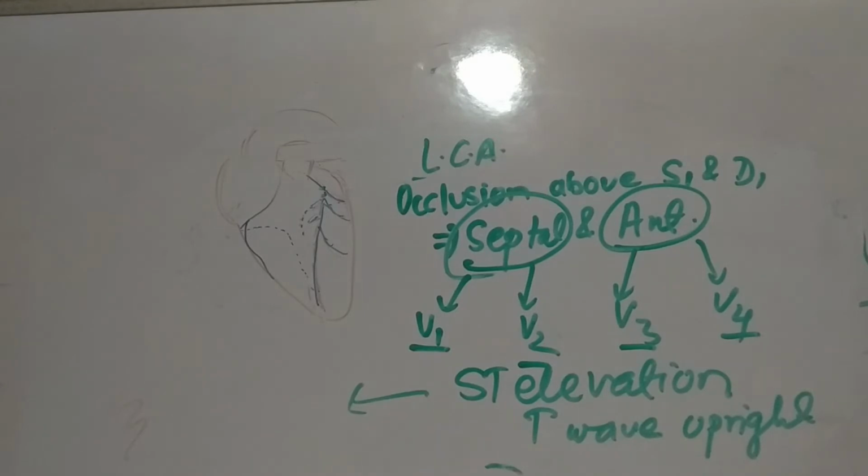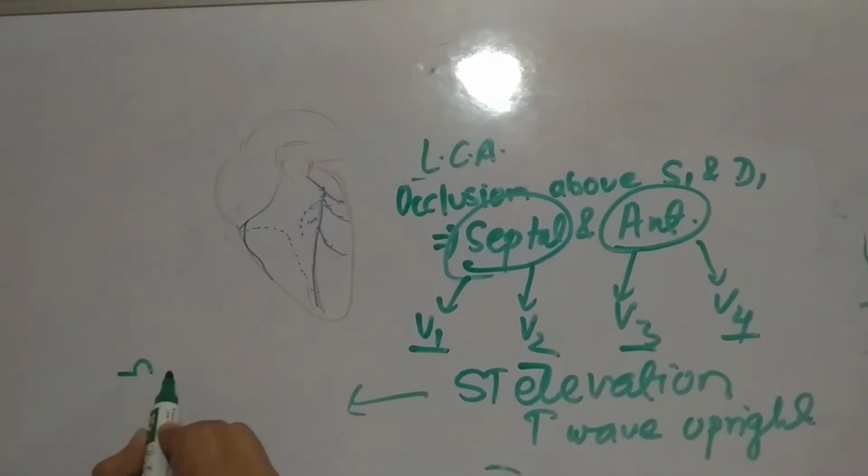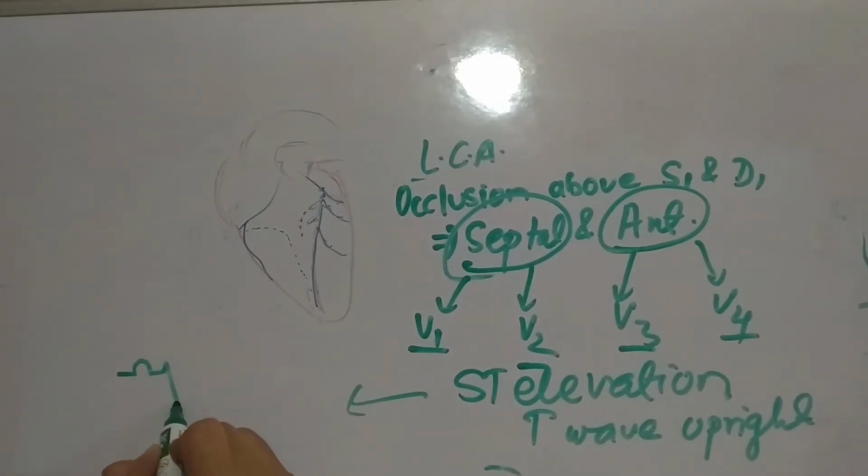But in case of acute phase of MI, there will be ST elevation and T wave will be upright. So what I mean to say is that, suppose now I will be drawing the electrical activity. So this is your V1. In V1, this is your atria, here is your P wave. Now it will be like this.